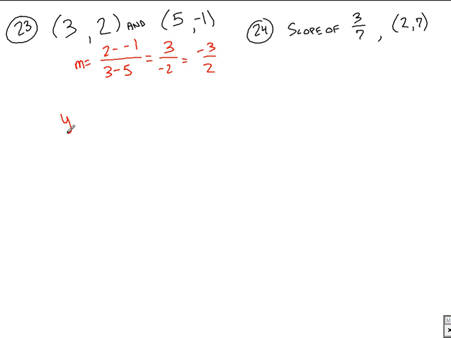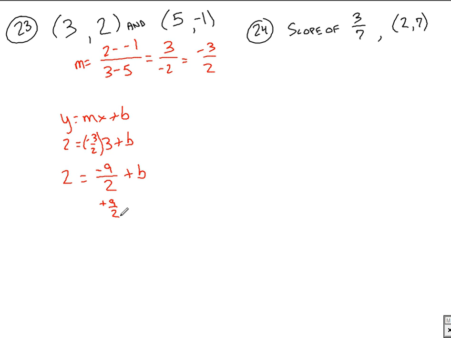So now I can do y equals mx plus b and plug in things I know. I can use either point. I'm going to choose the first one. So 2, 3, this is negative 3 over 2, plus b. I can't do 3 divided by 2, so what I will do, I'll do 3 times negative 3 to give me negative 9 over 2 at the bottom equals 2. To get b by itself, I'm adding negative 2, or negative 9 over 2.